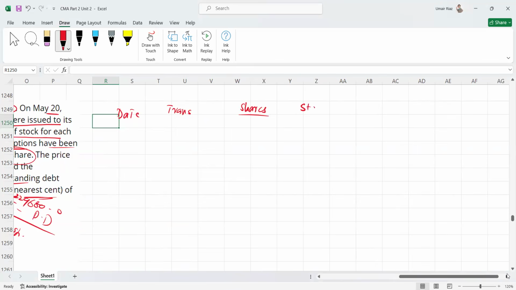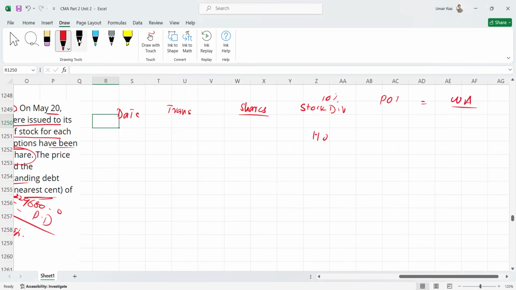So we have to write the stock dividend factor, which is 10%, which will become 1.10. I'm writing here in front of the transaction, 1.10, because it was 10%. Then portion of year and weighted average number of shares.